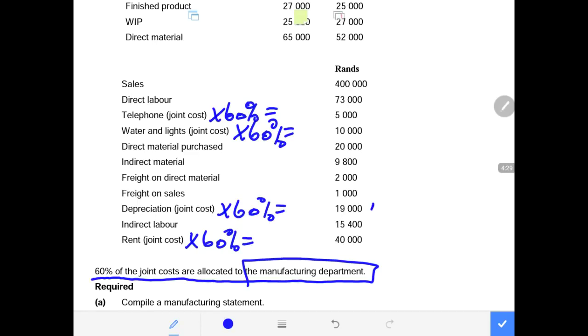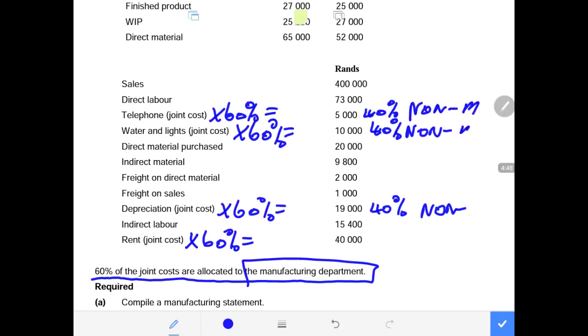That means 40% of each of these costs is non-manufacturing, because 60% is manufacturing related and 40% is non-manufacturing cost.